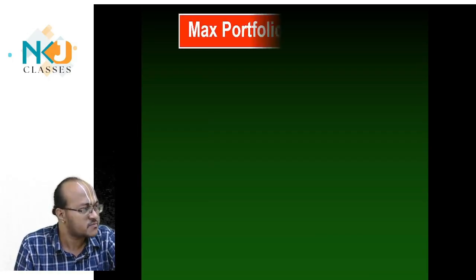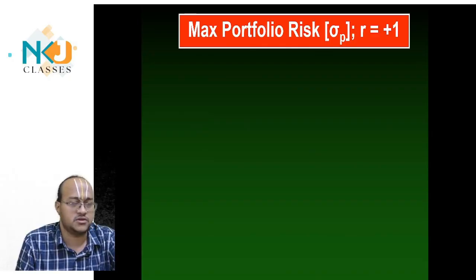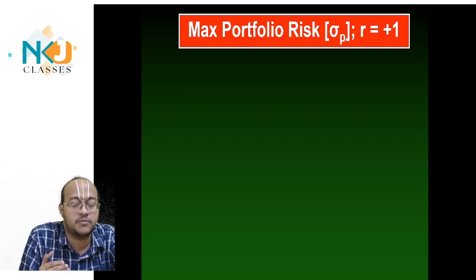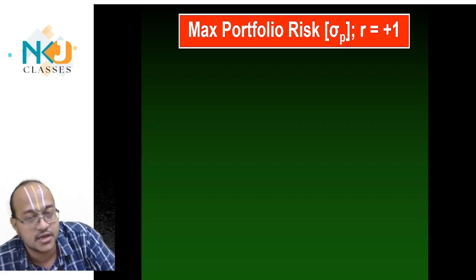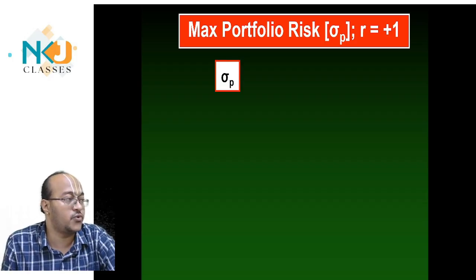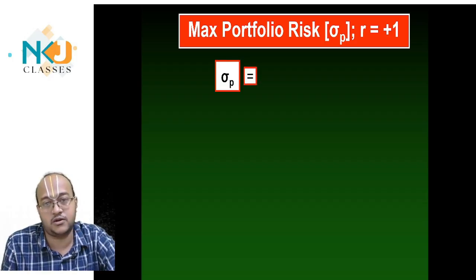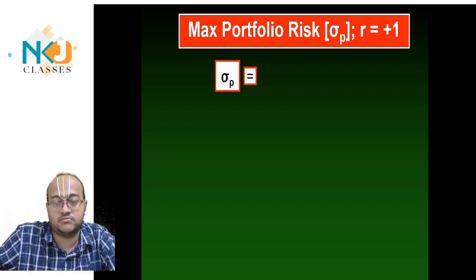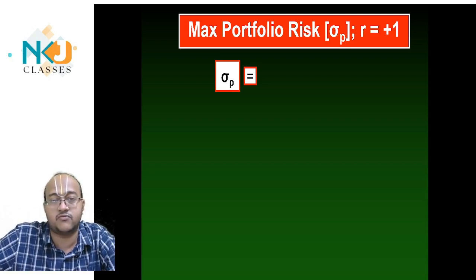See here. Maximum portfolio risk. When will the portfolio risk be maximum? When the correlation between these two securities is positive 1. When the correlation is positive 1, what will the portfolio formula be? The 2 into correlation term becomes positive, so it is similar to a plus b the whole square.